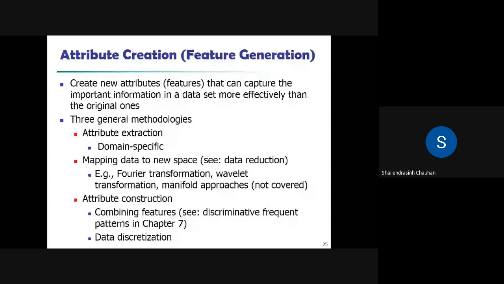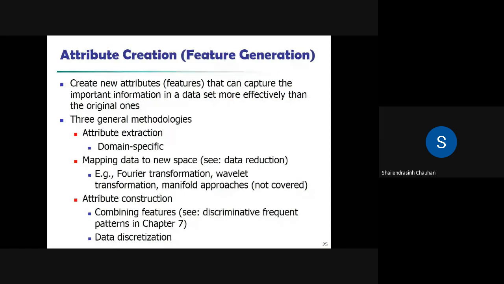Assume that 5 attributes can also be represented with a single attribute. So you are creating a new feature, you are generating a new feature.